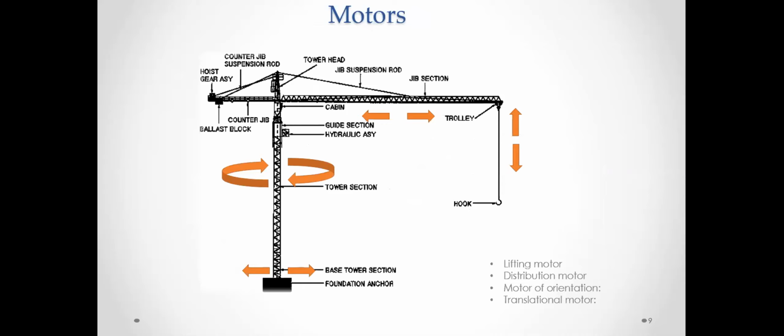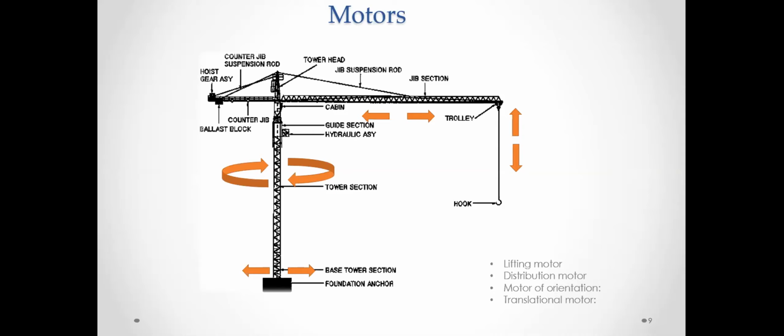Let's go to the next one: motors. The most generic tower crane will have at least four electric motors, located in the hoisting mechanism, slewing mechanism, trolling, and the jacking-up system.